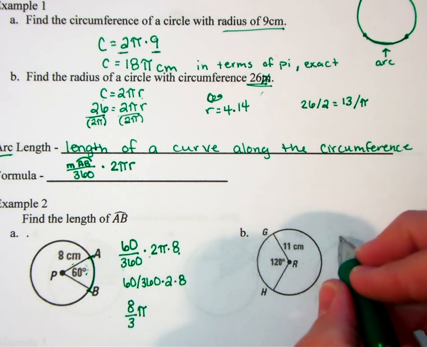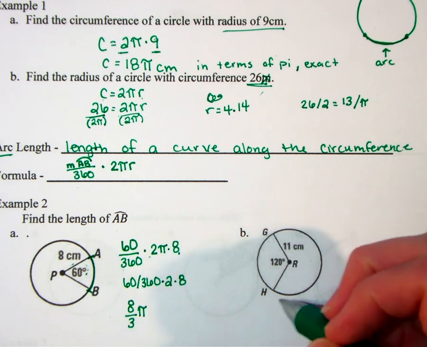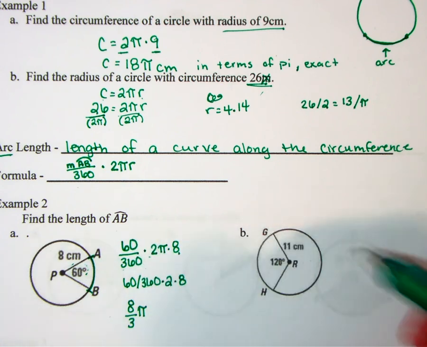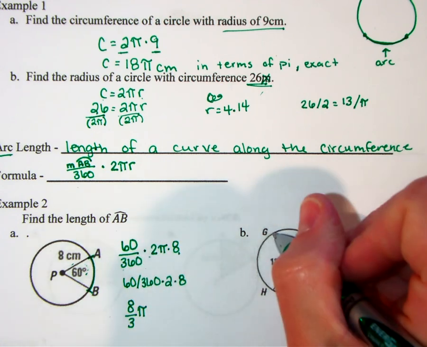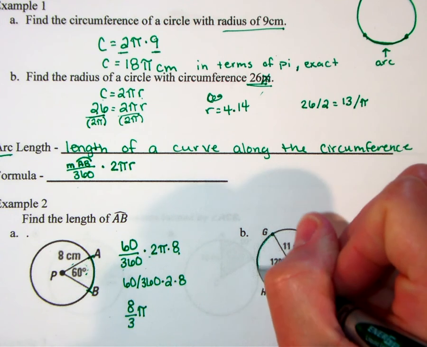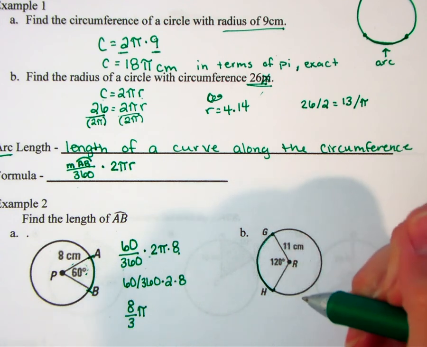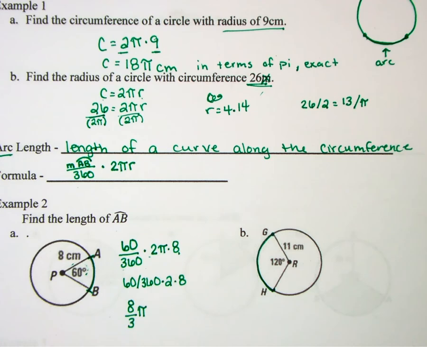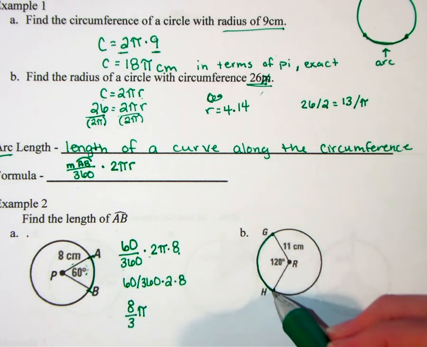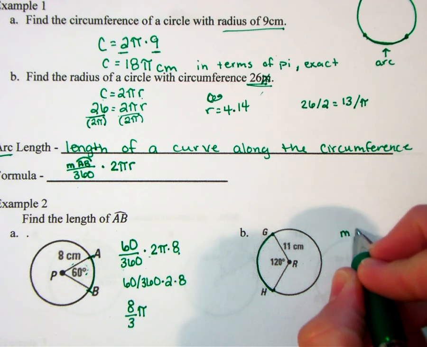So the next one here, we're going to do the measure of, this one would be not AB, obviously it would be GH. And when we do arc length, that is going to be the shortest distance between the two. Okay, just for ease of conversation during this time. So the arc GH here, the measure of the arc GH, remember, is the degree measure.